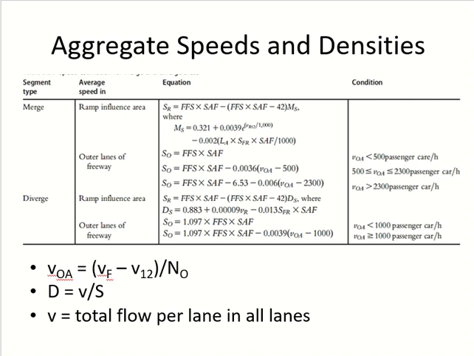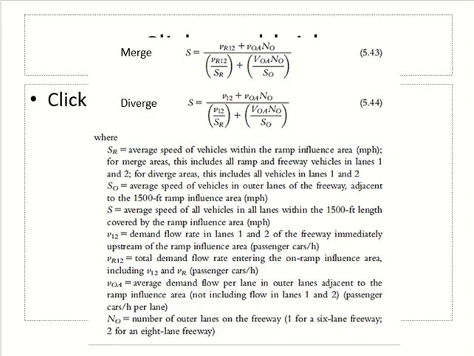Okay, clear? Now we found the speed of the first two lanes and the speed of the outer lane. These are two different values.